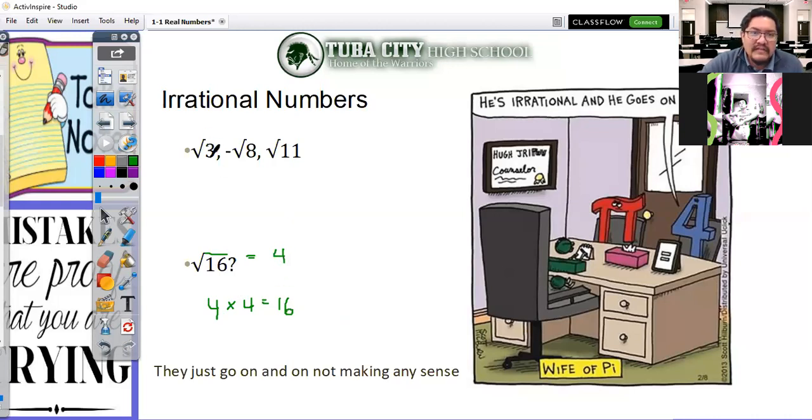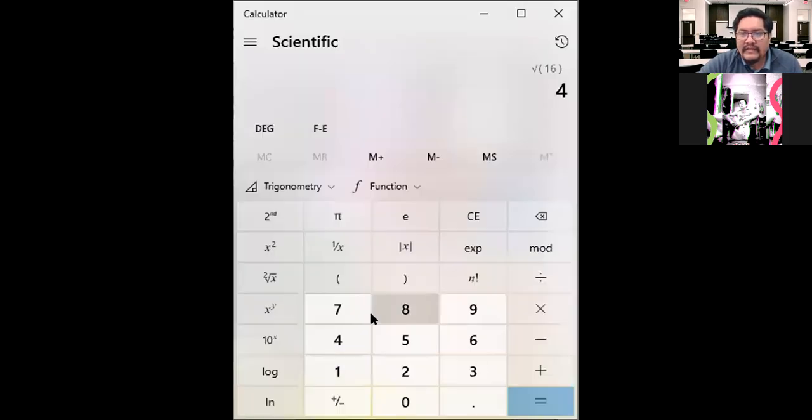Now, if I said, think of two numbers that are actually the same number to multiply to get 3, well, there really is no number I can multiply by itself to get 3. Let's try that really quick.